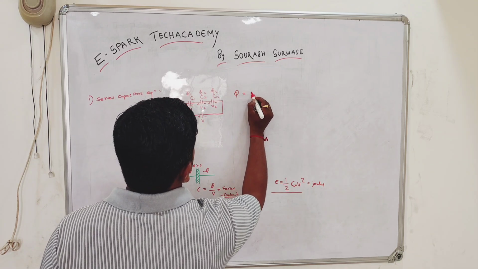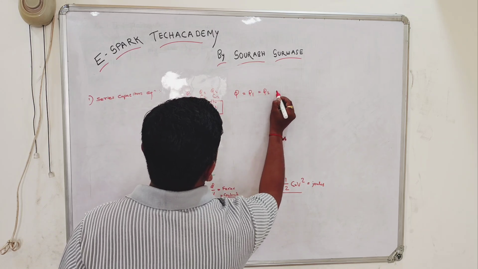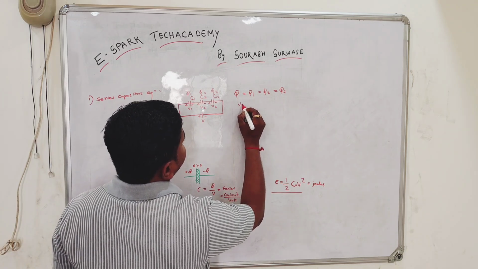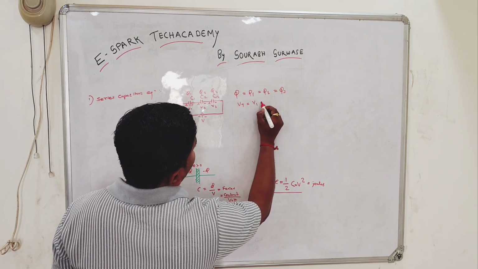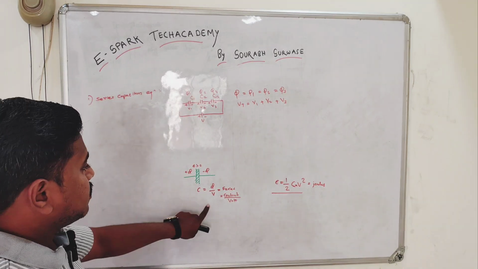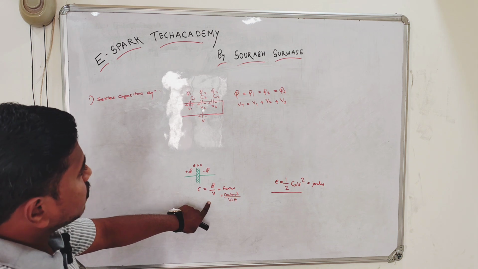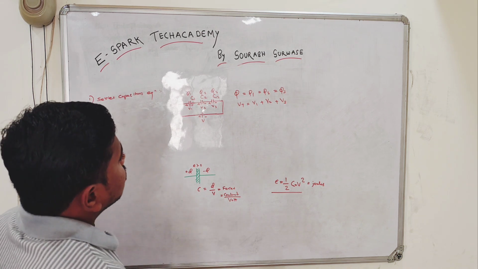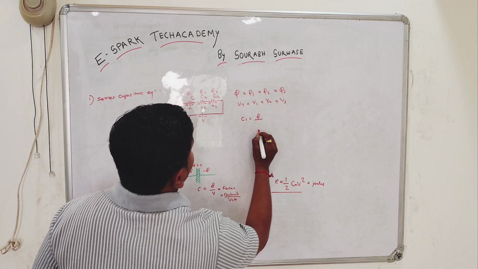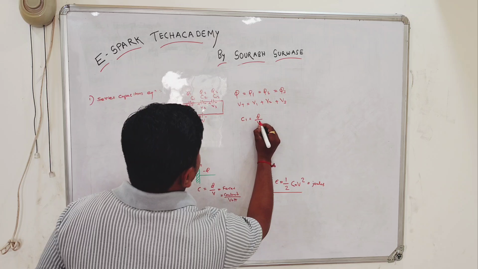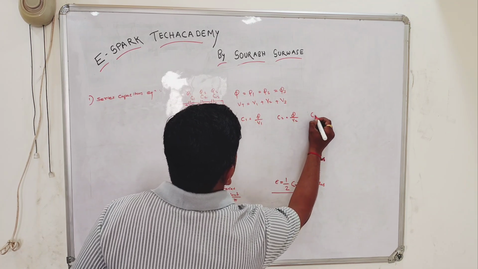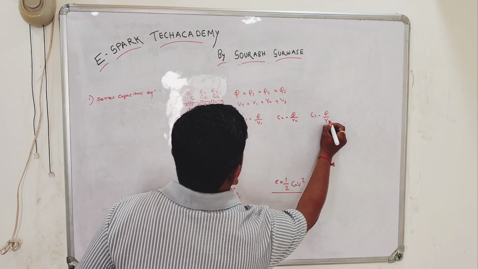Here Q equals Q1, Q2 and Q3 in series capacitors, and the voltage will be Vt equal to V1 plus V2 plus V3. You know this basic formula of a capacitor. In this case, C1 will be nothing but Q divided by V1. C2 will be Q divided by V2 and C3 will be Q divided by V3.